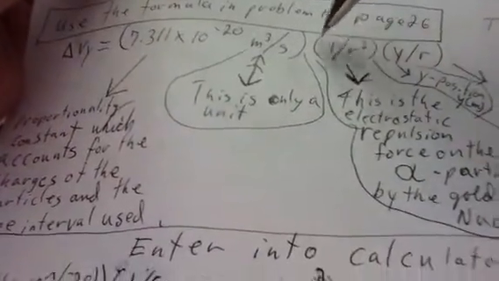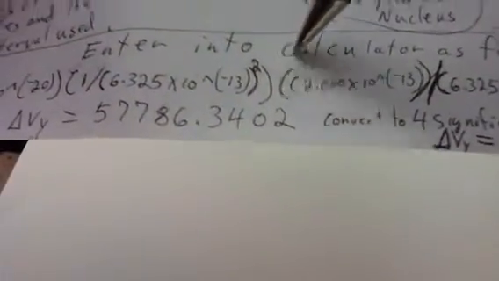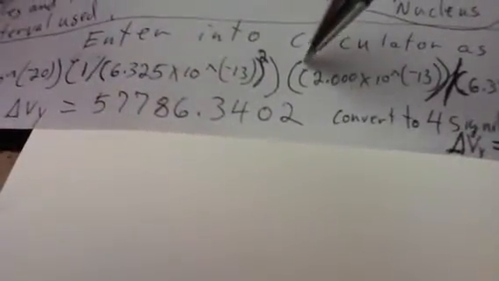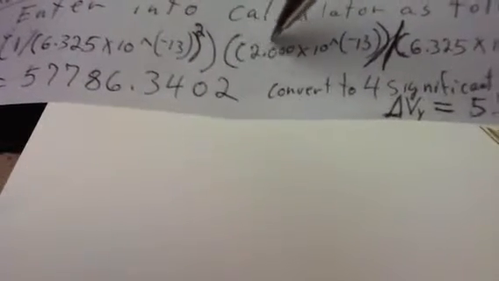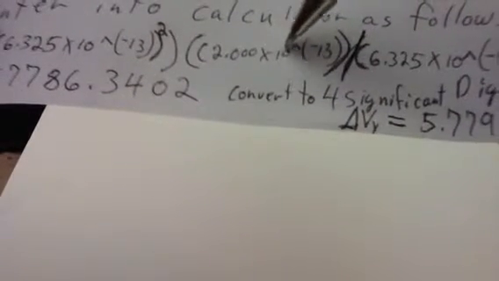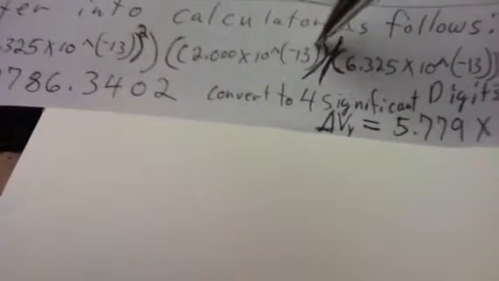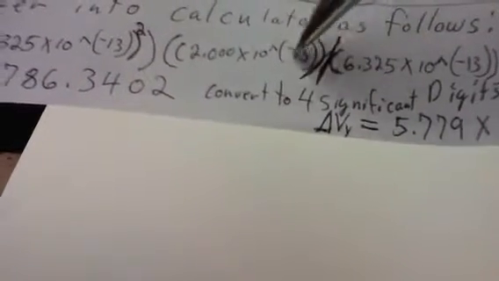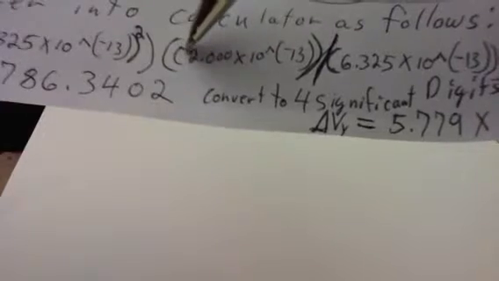Next we have to do this representation, which is the y divided by r. So you're going to take a parentheses, and then another parentheses, because you need this to be in parentheses, your y value, 2.000 times 10 to the negative 13. Make sure you close out the negative 13 parentheses. Then you close out the parentheses that was started right there.